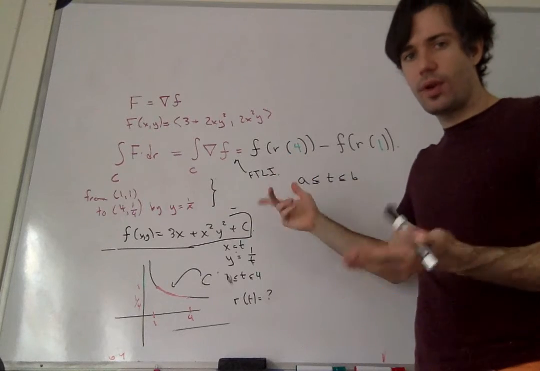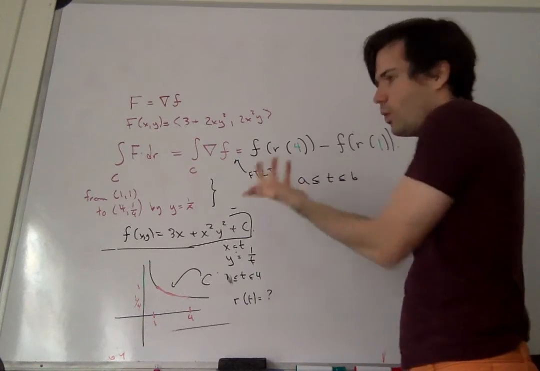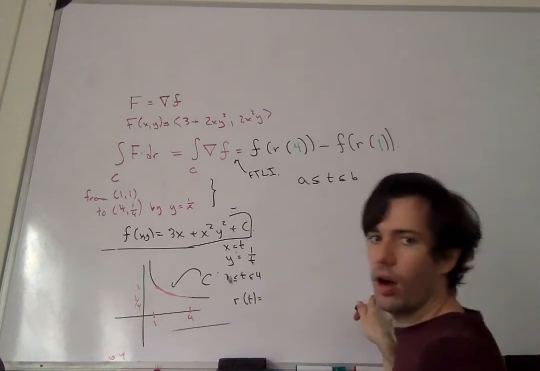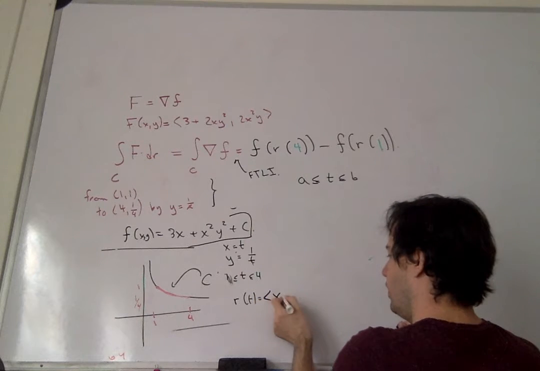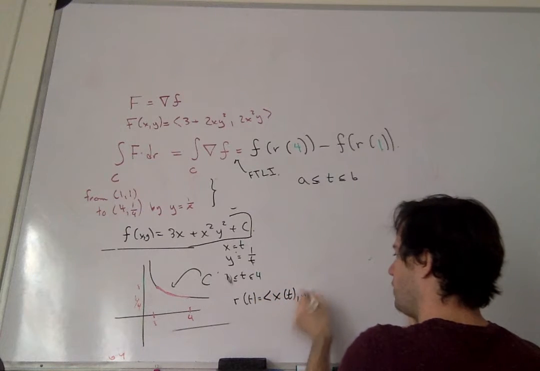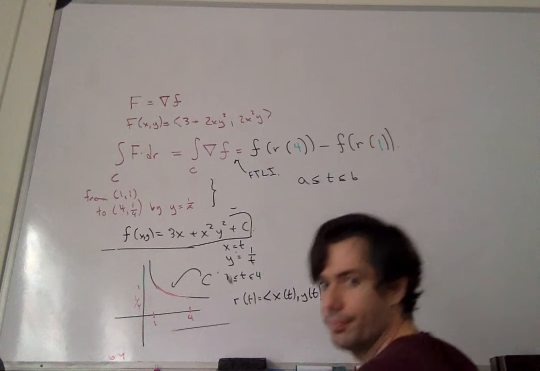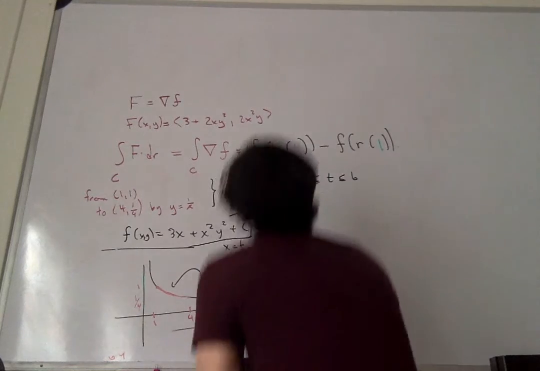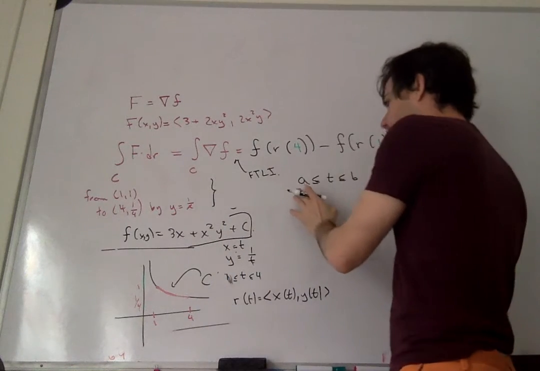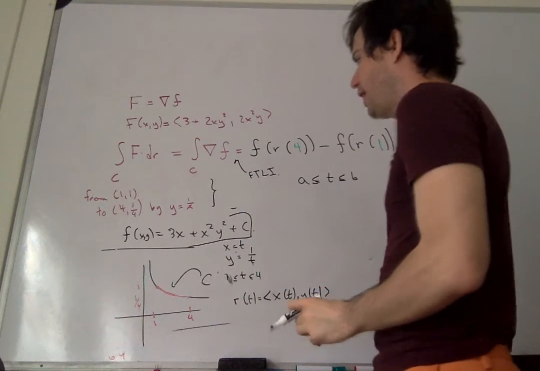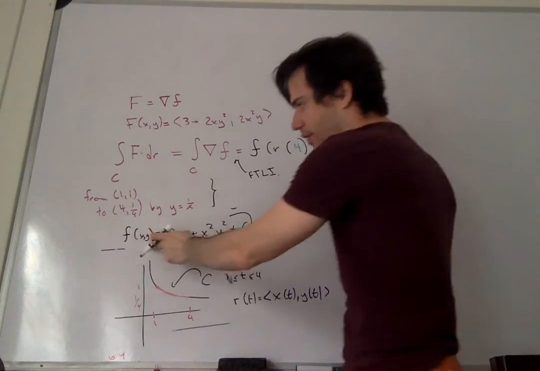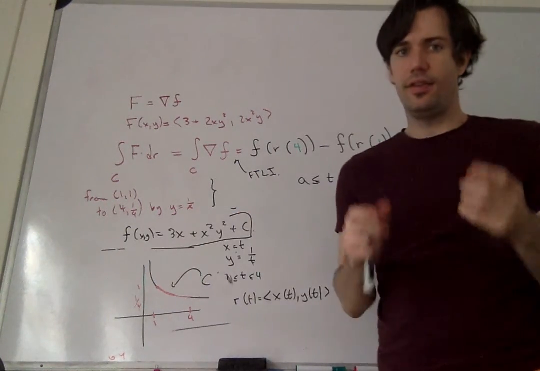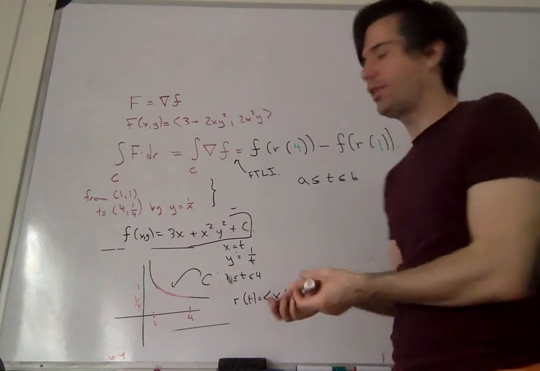Well, we're not quite there, because what is r? You might say, what is r? Well, let's not forget what r means. r is just the vector x(t), y(t). Now, f is a scalar-valued function, right? That means that it takes vectors, a vector of x and y, and it spits out a number.